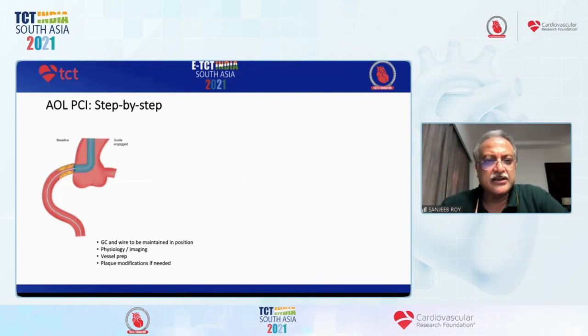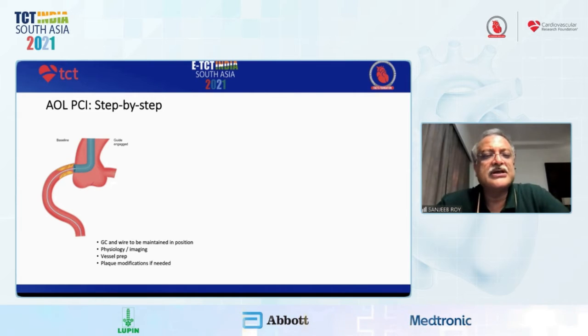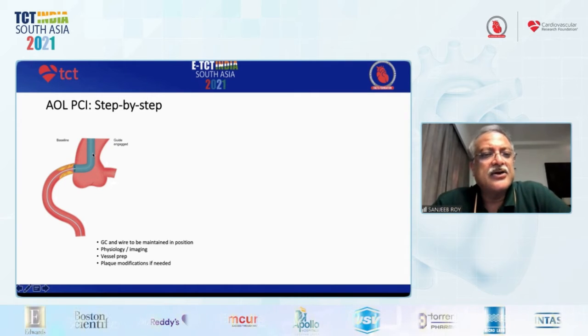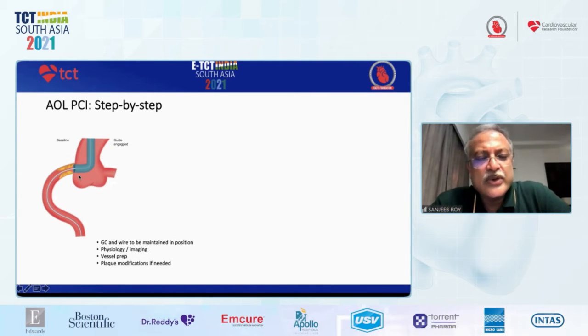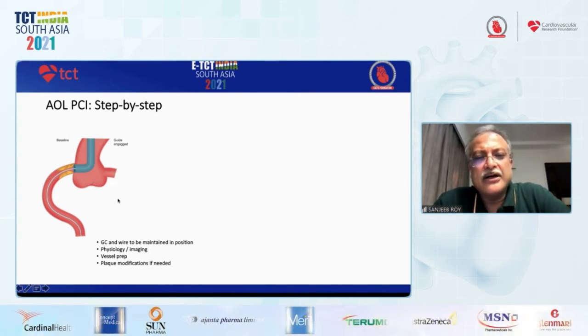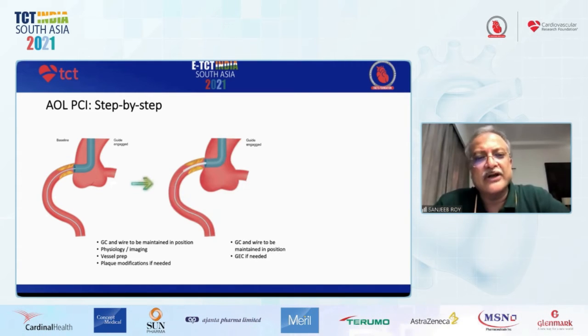For the youngsters who have joined, a quick step-by-step approach. We use a less aggressive guide to hook the main vessel when you have an ostial disease. If the ostial lesion is very tight, we preload the wire and try to move with a hit and run. Once we have wired, we dilate the vessel, prepare the vessel. If calcified, it needs plaque modification.